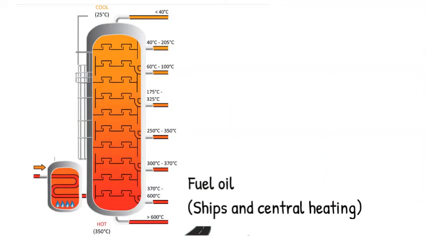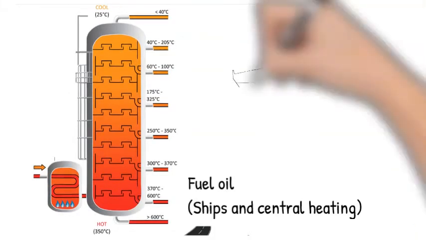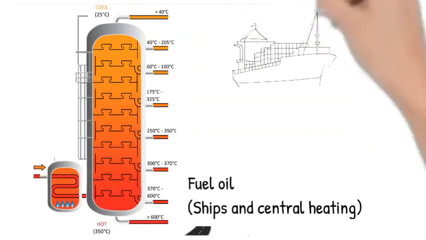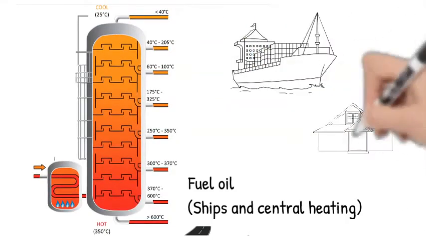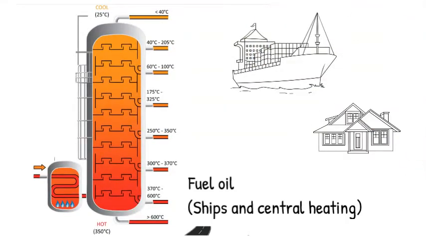And then we have fuel oil. Now, fuel oil is used as fuel in ships, and also if you have oil central heating at home, that is made from crude oil too. It has between 50 and 70 hydrocarbons in the chain.